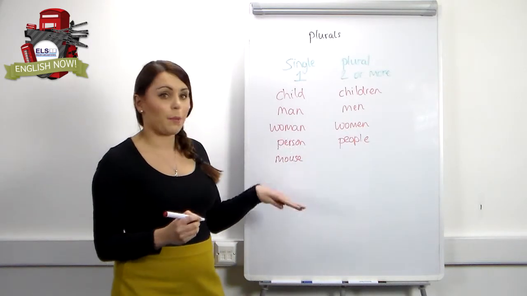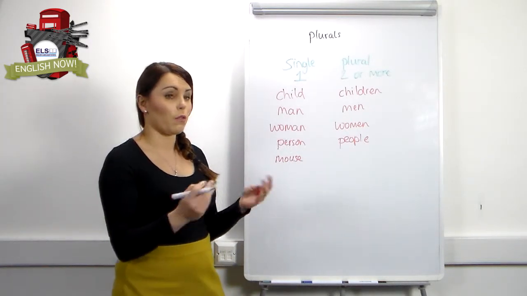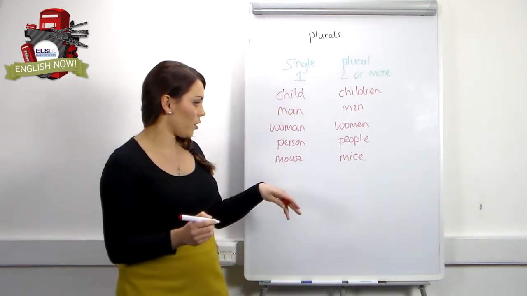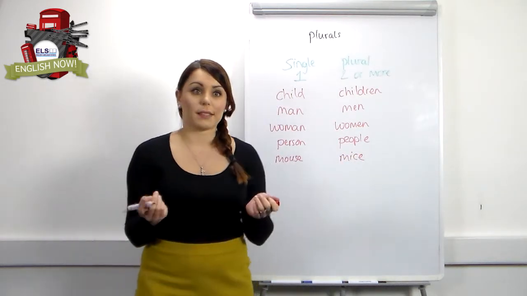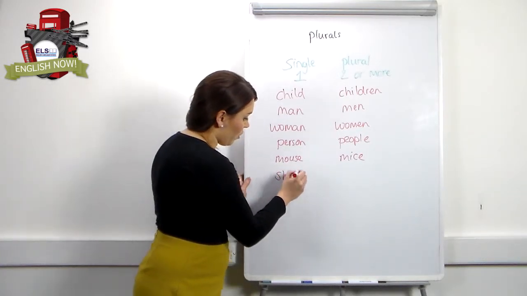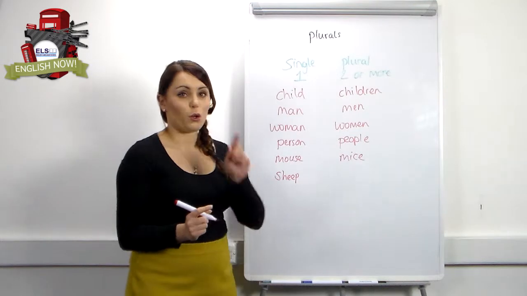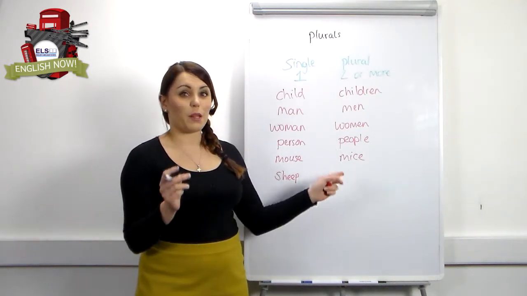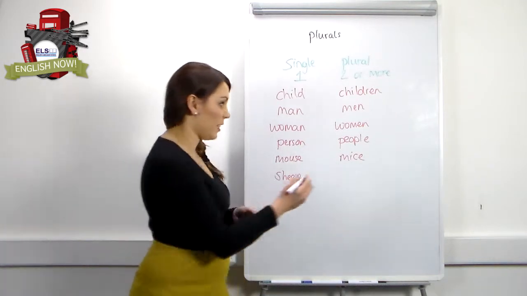Mouse, again, like person, the word for the plural is completely different. It actually changes from mouse to mice. Sheep, one sheep, when we're talking about the plural, it actually just stays the same.